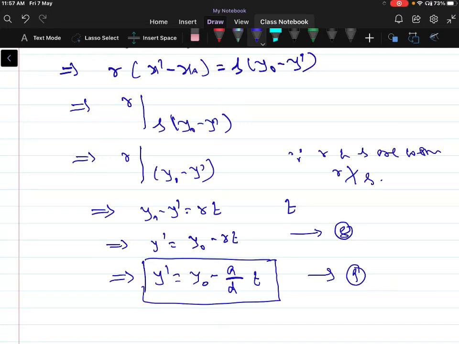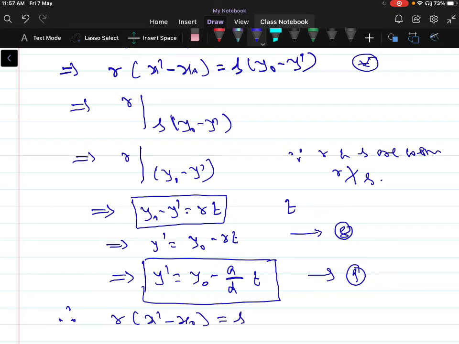Now to find y dash, let us use the relation y minus y dash equal to rt for the equation, let us say star. So therefore we can write it as r into x dash minus x naught is equal to s into y naught minus y dash is equal to r into t.